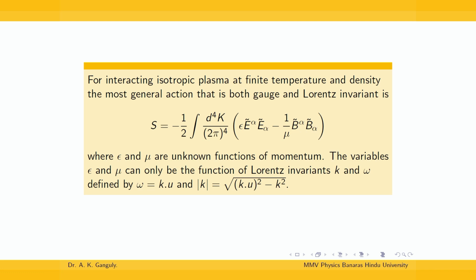So, what happens when you take the energy and momentum density of the system into account? This action that we had given before changes itself to an action where the quadratic part of the electric field is multiplied by something called epsilon, and the quadratic part of the magnetic field is multiplied by something like 1 over mu.